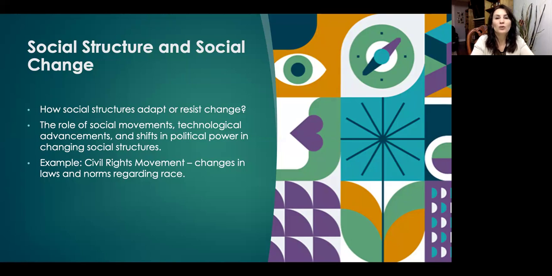People negotiate their position, people negotiate and renegotiate who they are and what they want to do in everyday life, which brings change in society. The role of social movements, for example, technological advancements and shifts in political power in changing social structures is possible because of those elements.